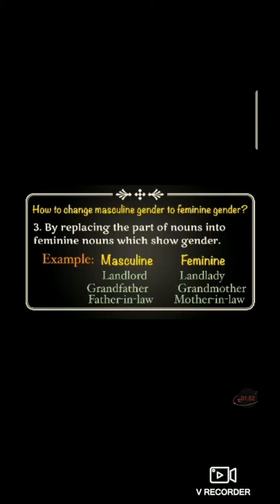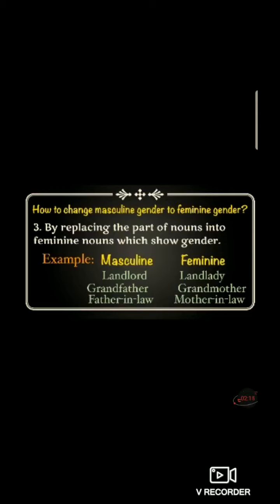In masculine gender there is grandfather, so in feminine it will be grandmother. The last one, masculine father-in-law, feminine mother-in-law.